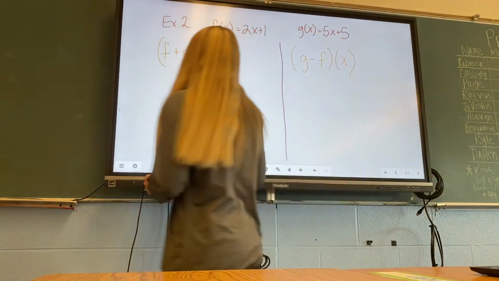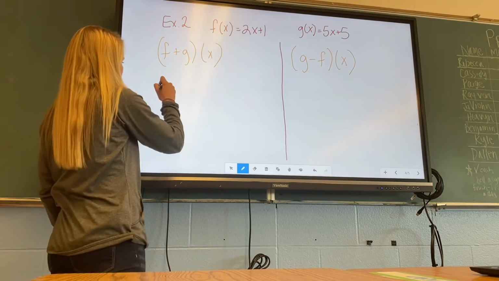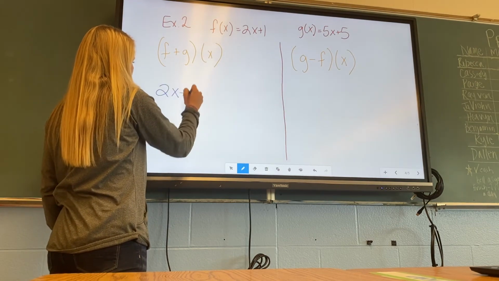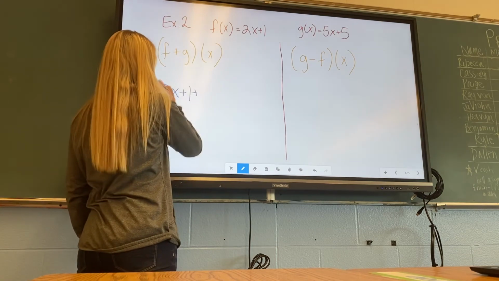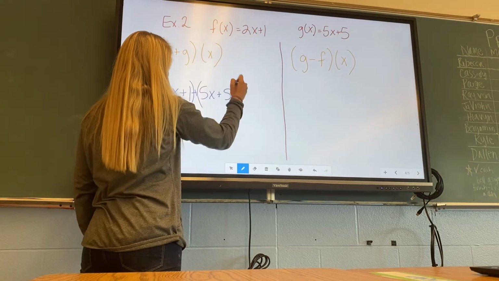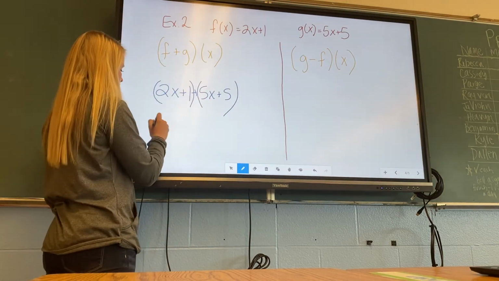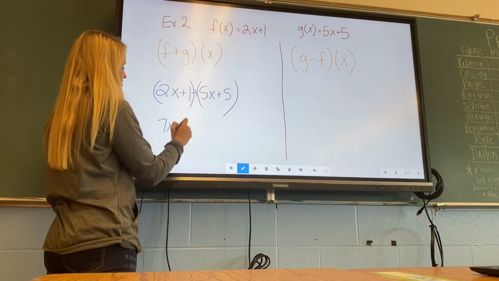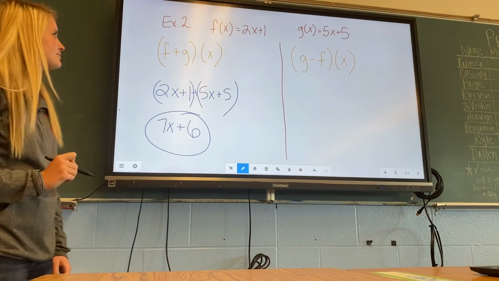So we're going to write it exactly the same. We have f of x is 2x plus 1, and g of x is 5x plus 5, and they're being added, so the same as before. Combine like terms, 2x plus 5x is 7x, 1 plus 5 is 6, and that's my answer.